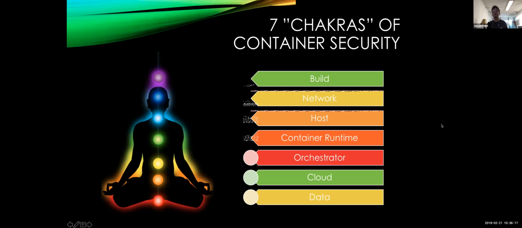I wanted to talk about 7 container security areas, and it matched with these 7 chakras. I'll start from talking about build security, move on to network security, host security, container runtime security, orchestrator configuration and security, then data security and securing your cloud.